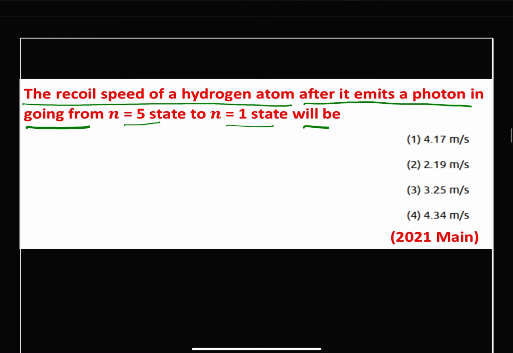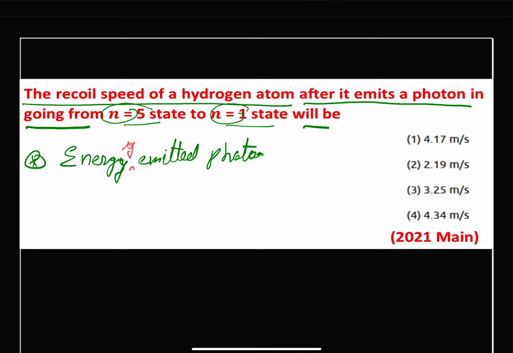So let's first find out the energy of the emitted photon, and that will obviously be the difference between the energy of our two states.